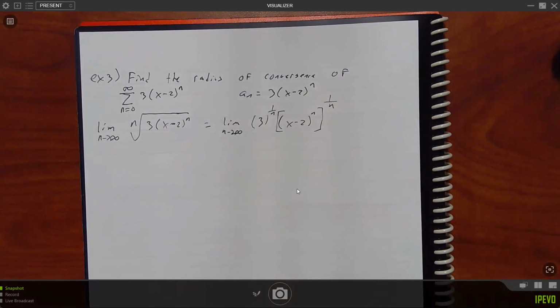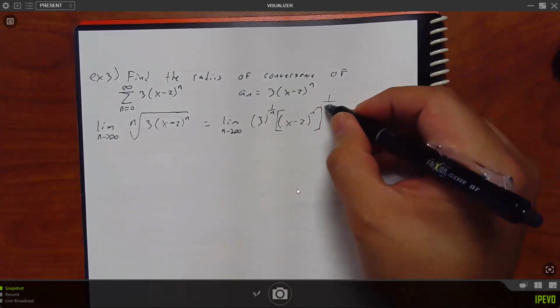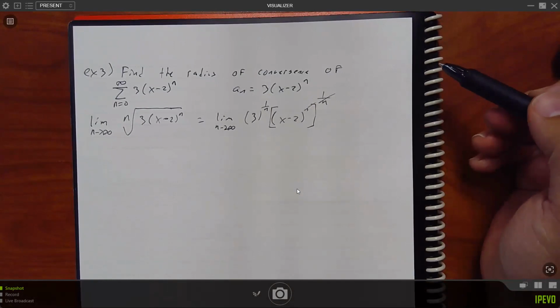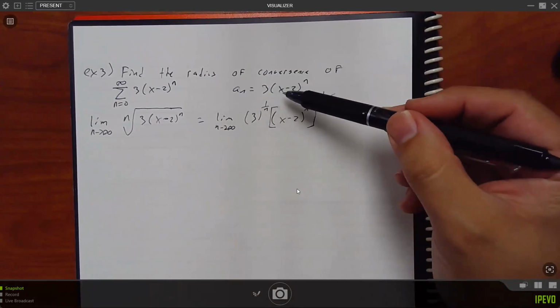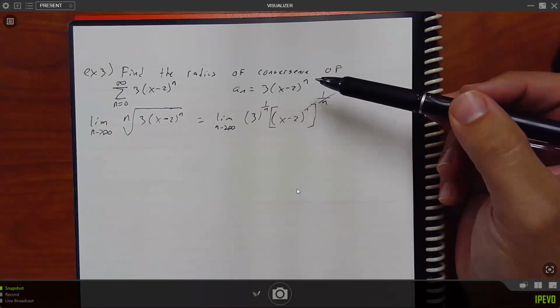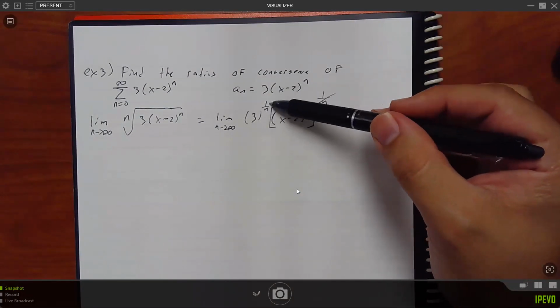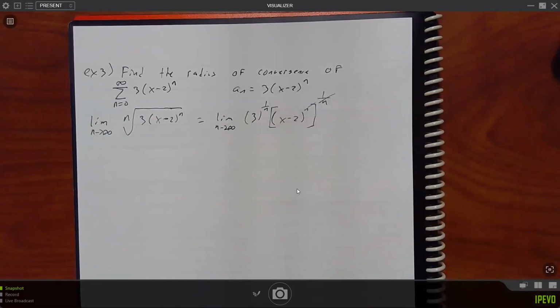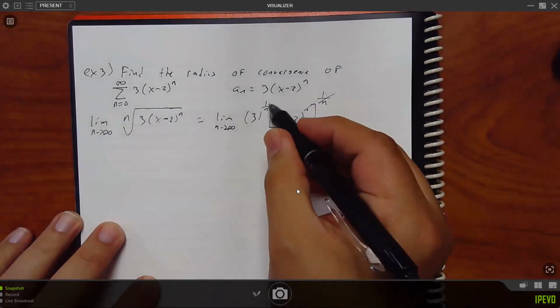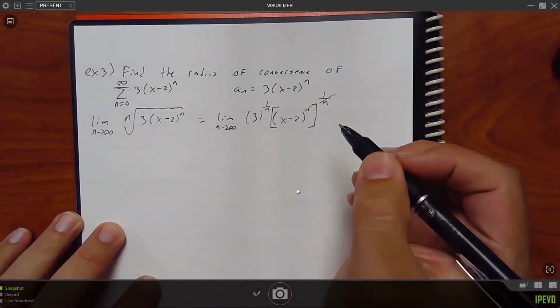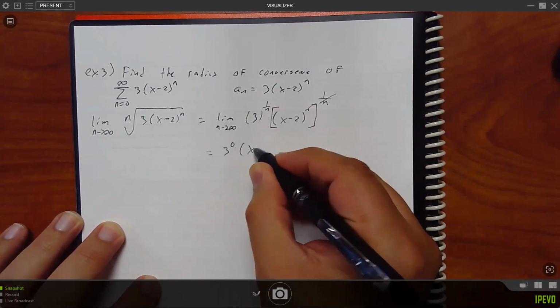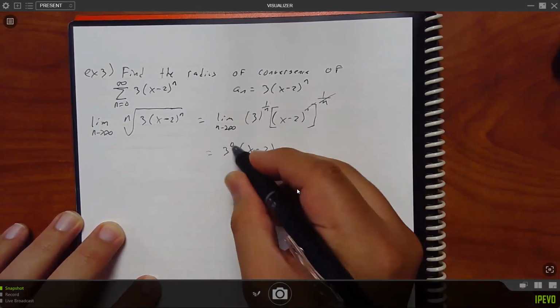So if we take the limit, well, first of all, these are going to cancel, right? Take the limit, what's going to happen to that 3? Well, first of all, what will happen to the power? This power will go to 0, so 3 to the 0 is going to be 1, right?